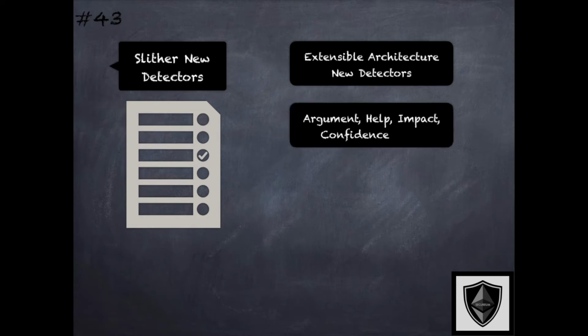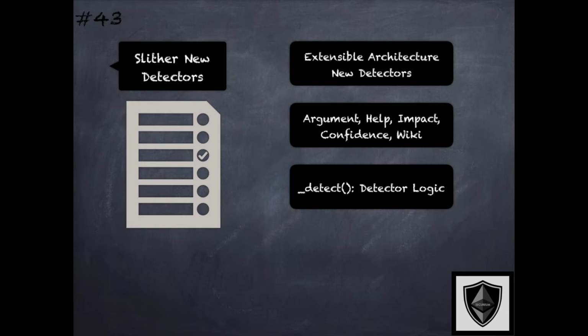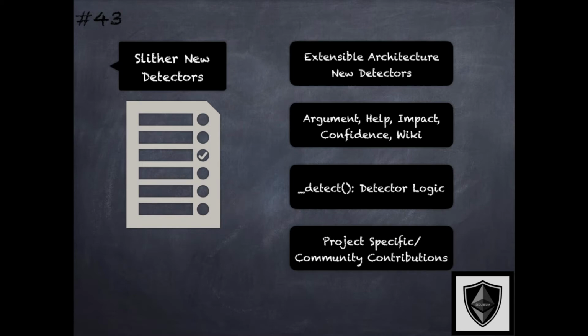The skeleton for such a detector implementation has things like arguments, help, impact, confidence, and link to the wiki for that detector, and finally a placeholder for the most important part of the detector logic itself. This extensible architecture can help with creating application-specific detectors, and also enables the community to contribute new detectors to the Slither codebase.